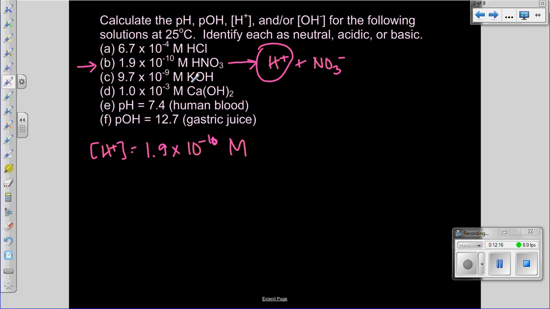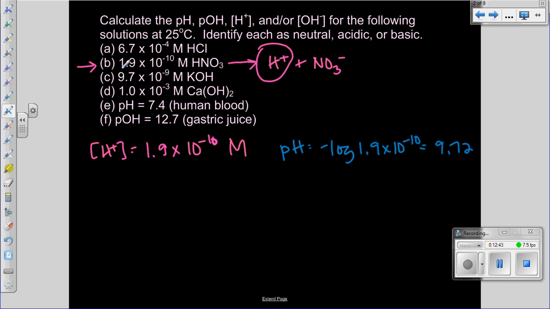Okay, so now from here, I want to go to pH. I am going to do negative log of that number, and that will give me pH. So negative log of 1.9 times 10 to the negative 10th is 9.72.